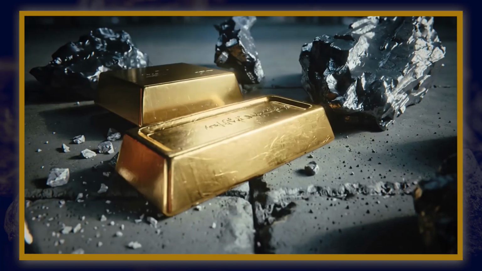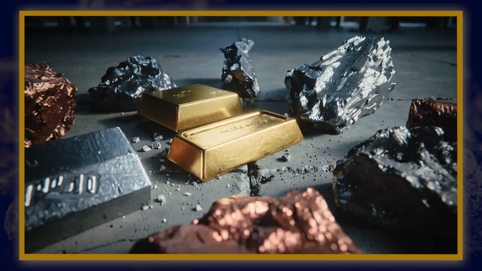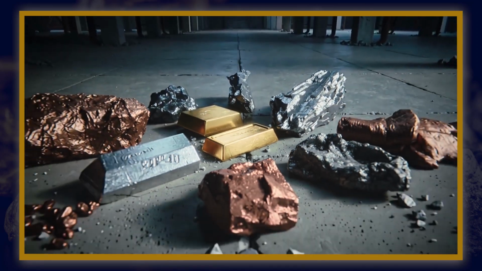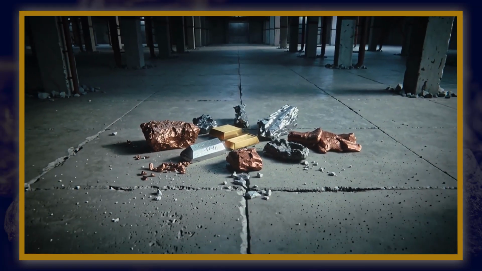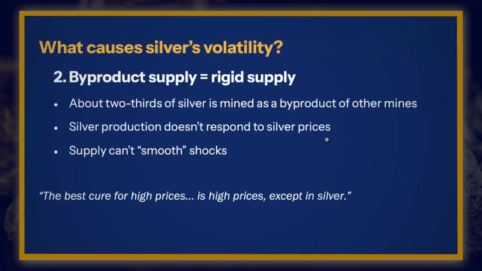So even as the price of silver goes up, you don't just turn on more silver mines and all of a sudden have more silver to meet demand. It has to come from other metals that takes a longer time, and again, it's a source of volatility because the supply of silver is connected to the prices of so many other metals. So as a result, silver supply can't smooth price shocks, so they're going to stay volatile. The best cure for high prices is high prices, except in silver.